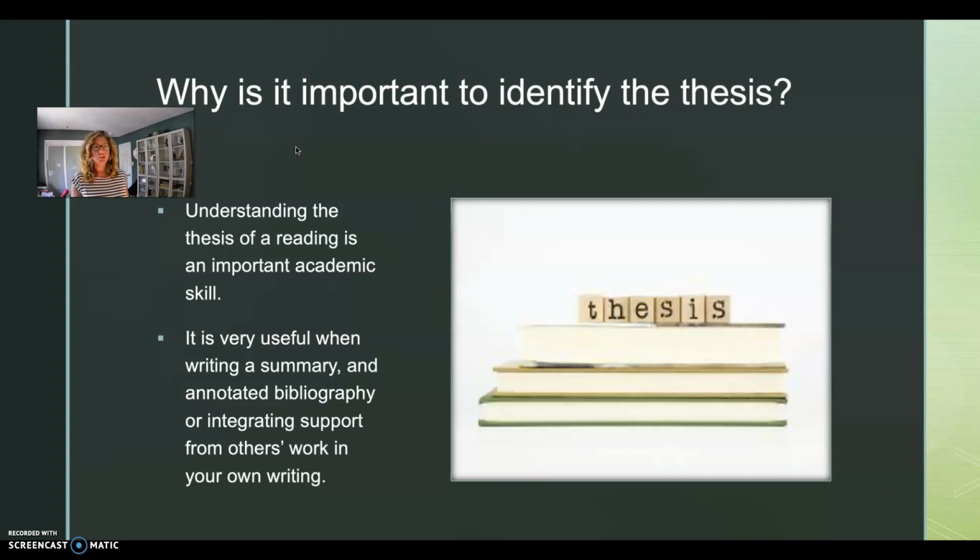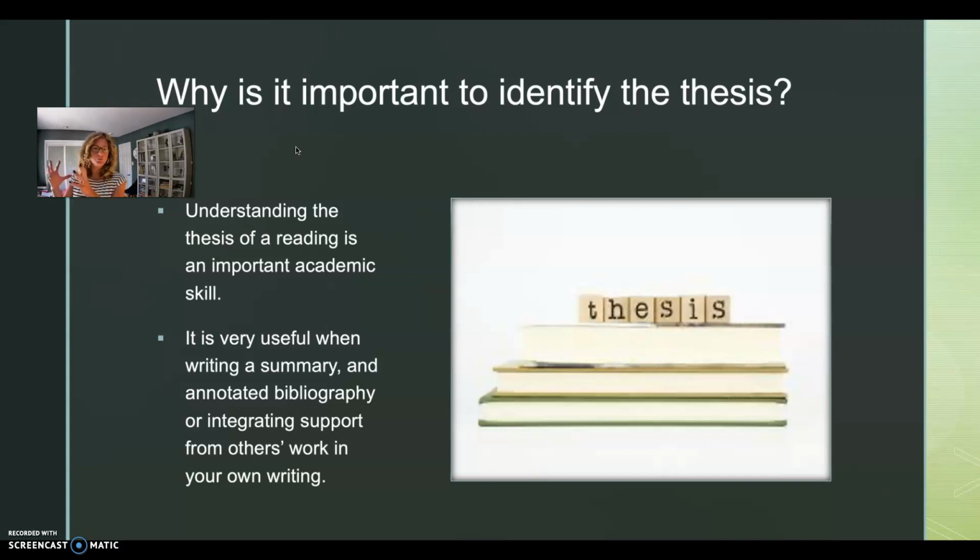So the point is you need to figure out, okay, this is what the topic is, this is the issue, what is this particular person trying to say about it? In the academic world, these ideas are often quite nuanced. And the idea of collecting a whole bunch of resources for an annotated bibliography, or for us, your outline for your essay, is you need to discover what people are saying about the same topic.